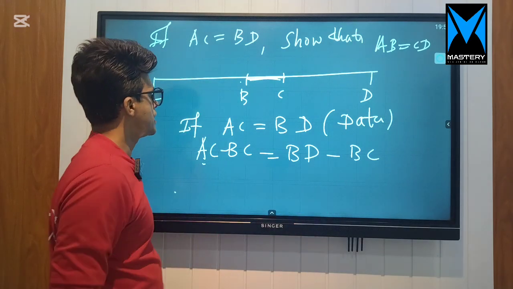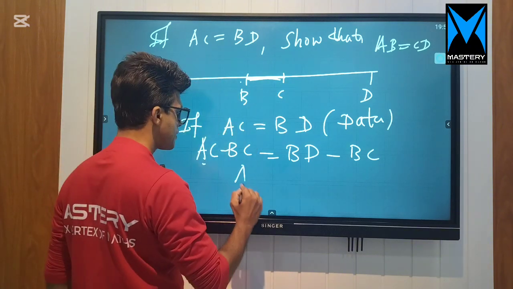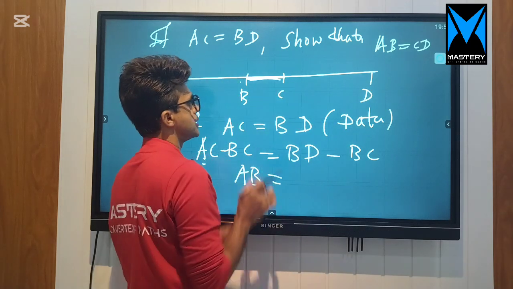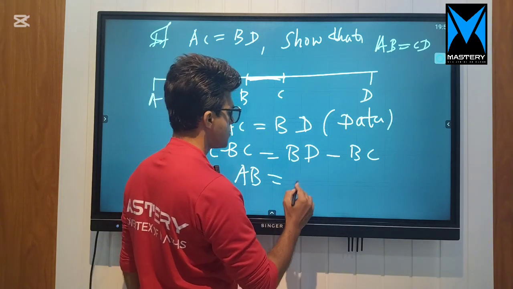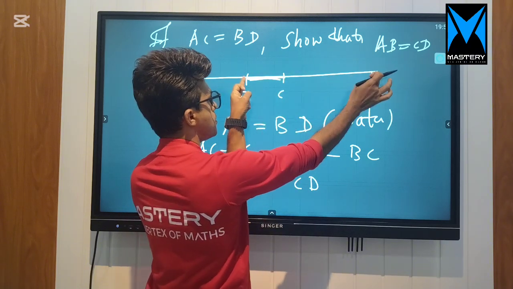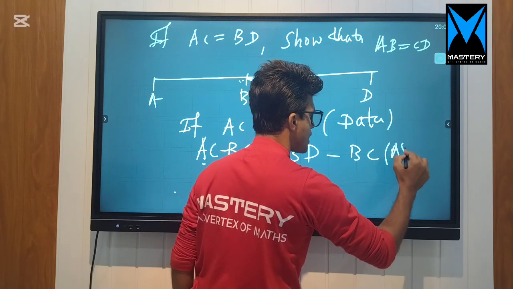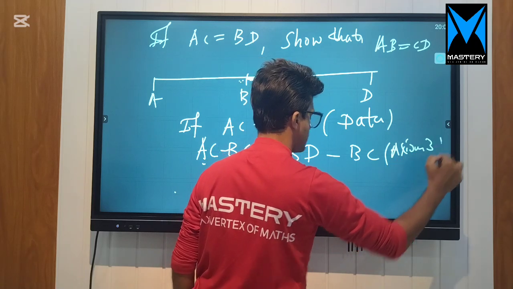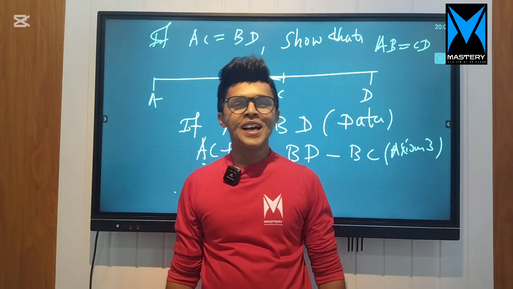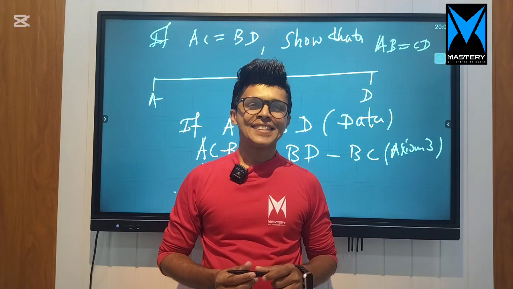So what you need to do is: AC minus BC means AB, and BD minus BC means CD. Here you have to write the third axiom. So this is the answer. This is the third axiom. I do believe you can get an idea about this. Okay, thanks a lot.